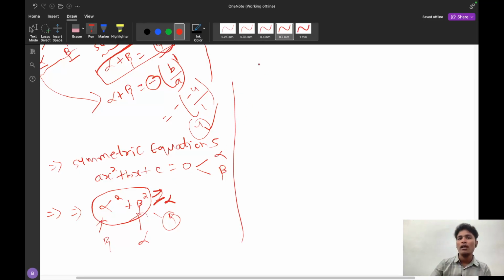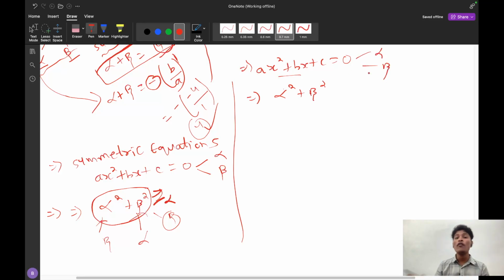If I want to find it, simply ax square plus bx plus c is equal to 0. If this is the equation and you have to find the value of alpha square plus beta square, and alpha and beta are the roots of this equation, how can you find the roots? You can find the roots by using the quadratic formula, minus b plus or minus root of b square minus 4ac, divided by 2a.